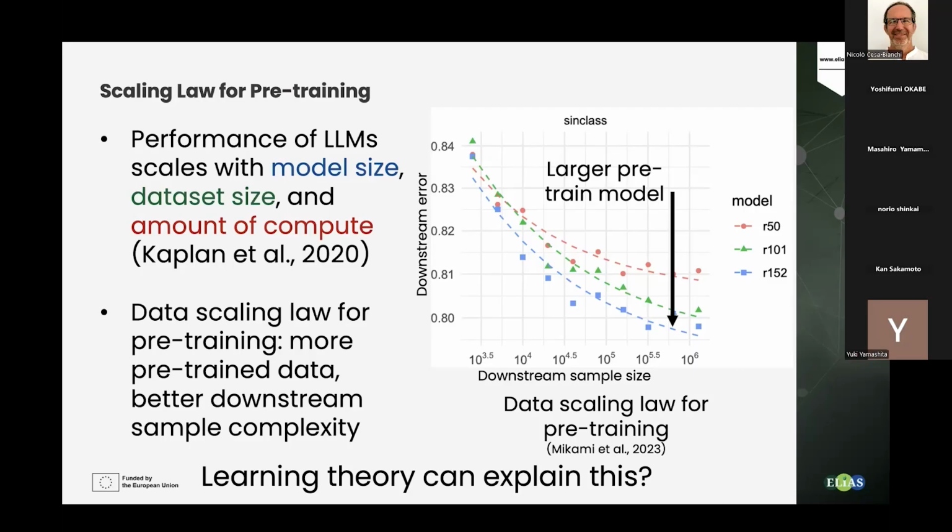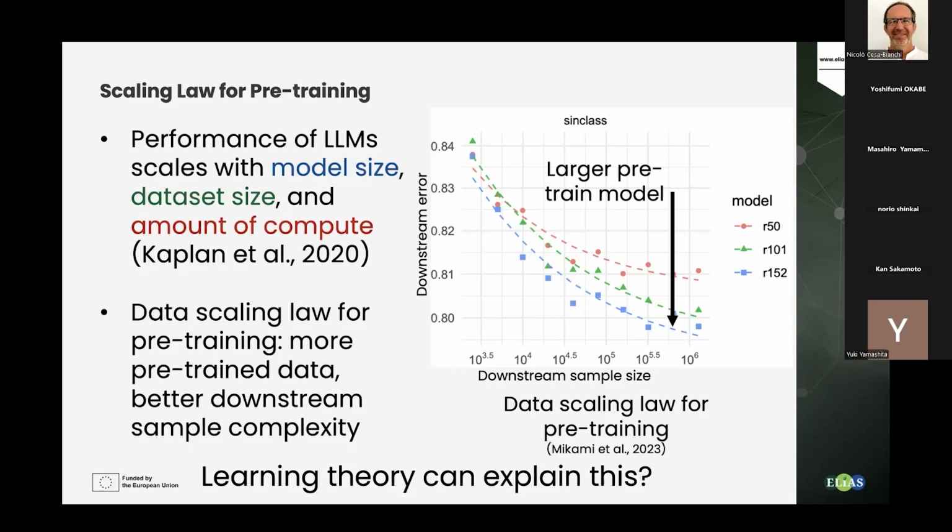The lines correspond to the pre-trained model size. So you can see that by increasing the downstream sample size, the error decreases. And also we can see that by increasing the pre-trained model size, the error gets better.